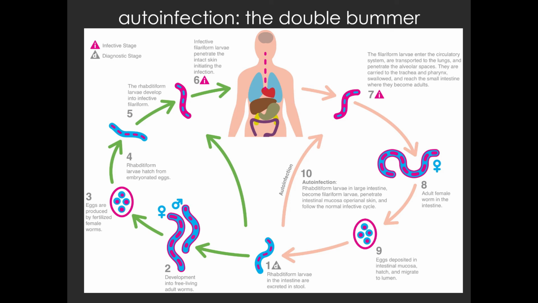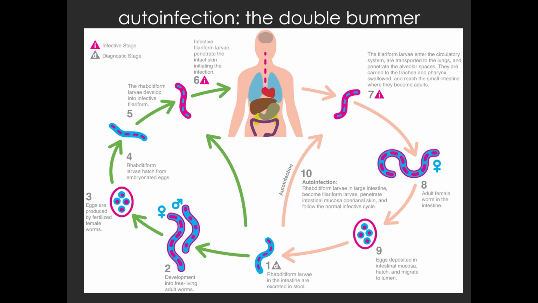So it burrows, gets into a capillary, moves through the circulatory system into the lungs, where it punches into the alveolar space and moves through the airway, through the bronchioles, into the bronchi, into the trachea, into the pharynx, where, and this is where I think it's really disgusting, he jumps out of the pharynx and causes a little tickle in the throat, which causes you to clear your throat and then swallow, at which point he finds his way into the gastrointestinal tract, which was his goal all along.